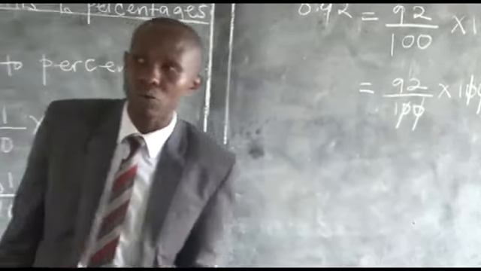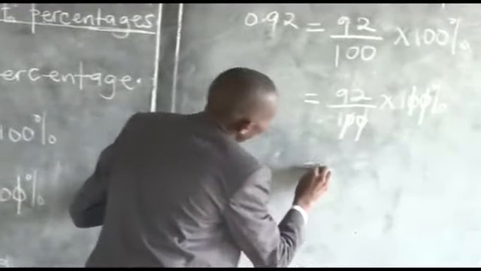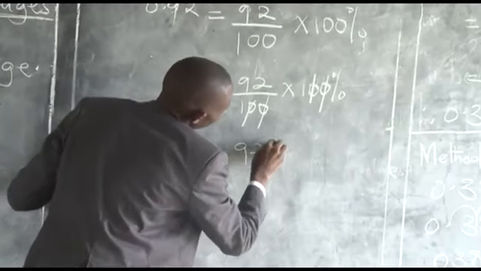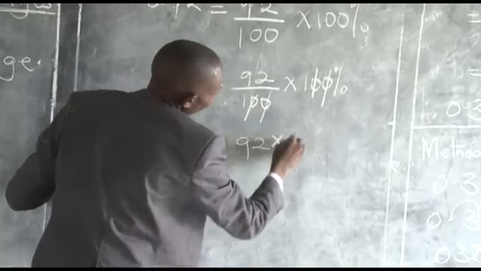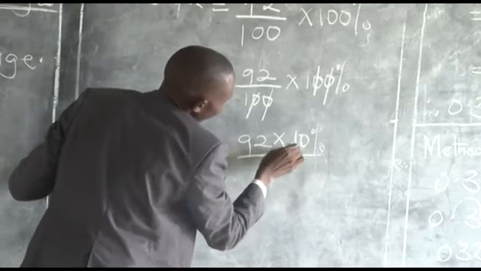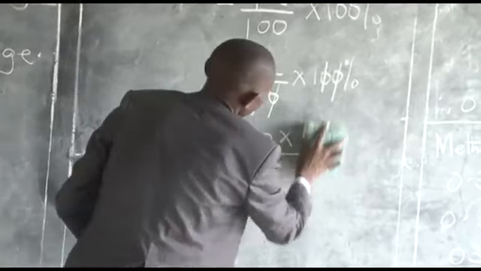After cancelling them out, what are we remaining with? On this side, we are remaining with 92 times 1%, divided by 1. We are remaining with 1%, not 10, please.